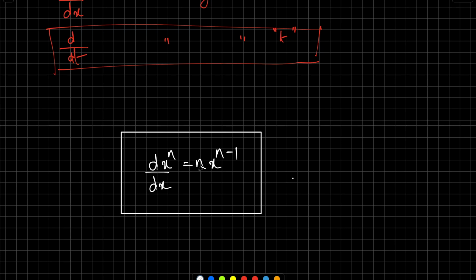There is one more formula you have to understand. d by dx of a constant is equal to 0. This is the second formula.